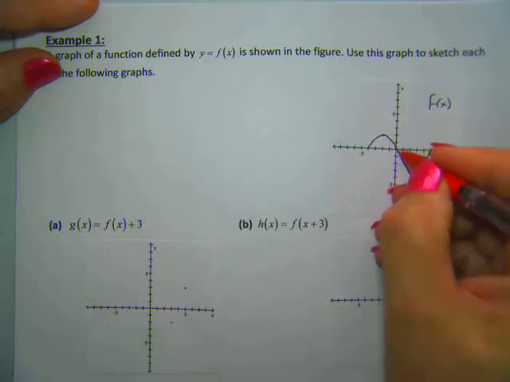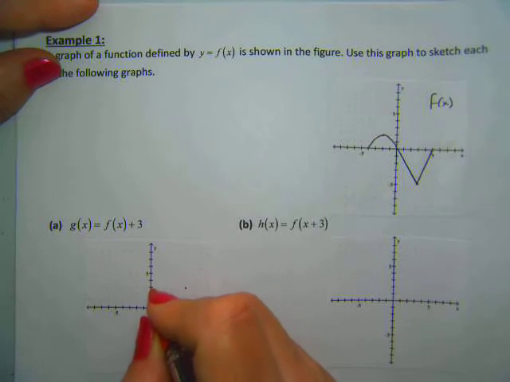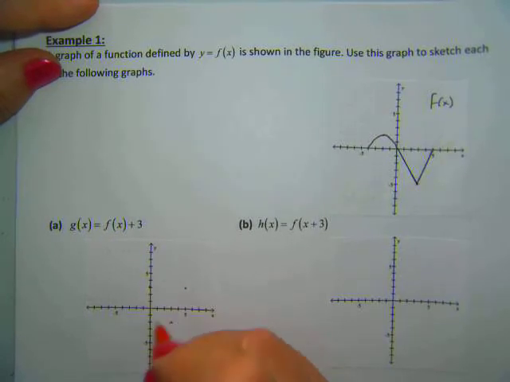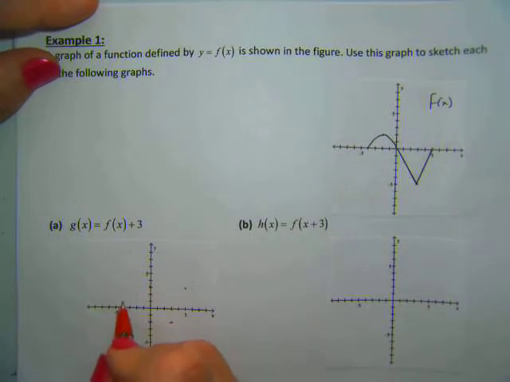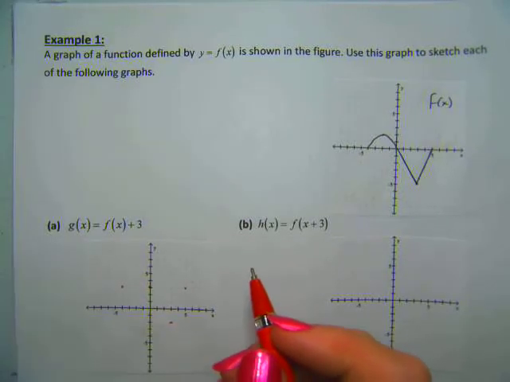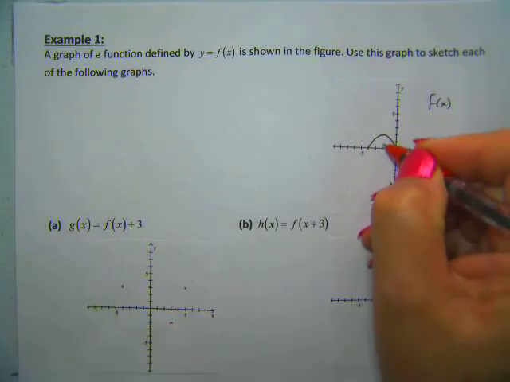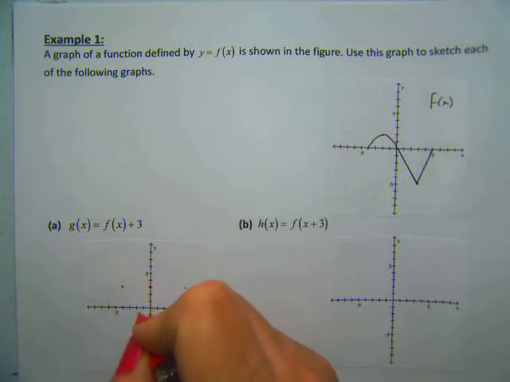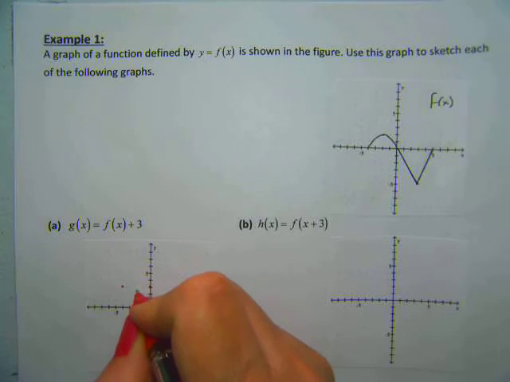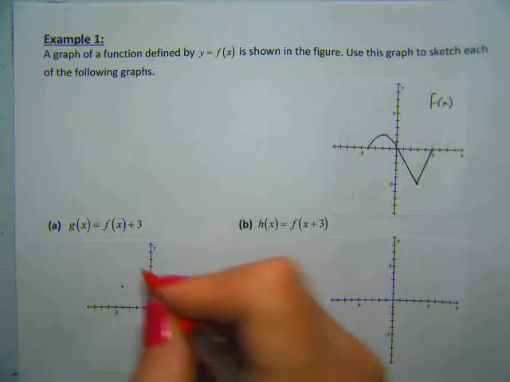And then this one, 0, 0, is gonna go up 3 units. And then this here at -4 is gonna go up 3 units. And the middle of the circle, which is at -2, and instead of 2 I'm gonna go up 3 units.